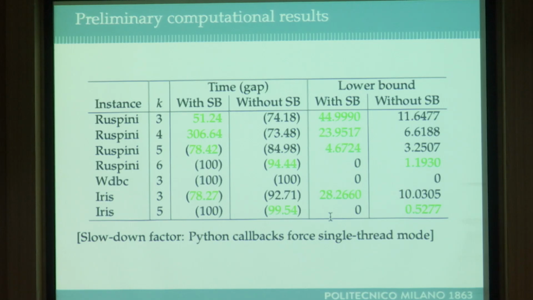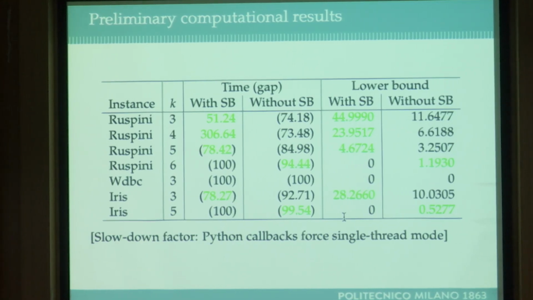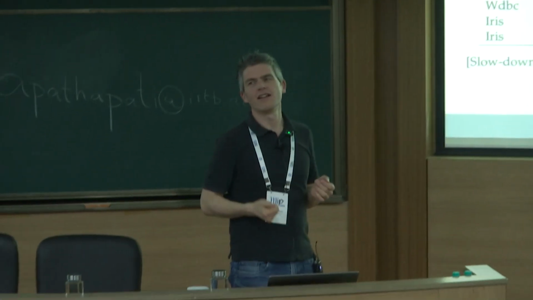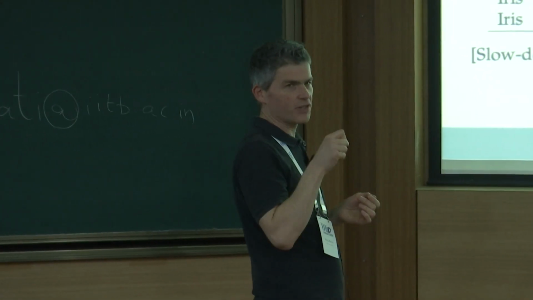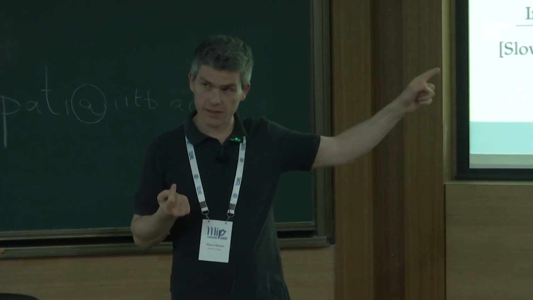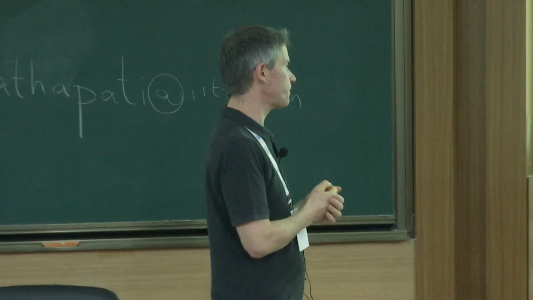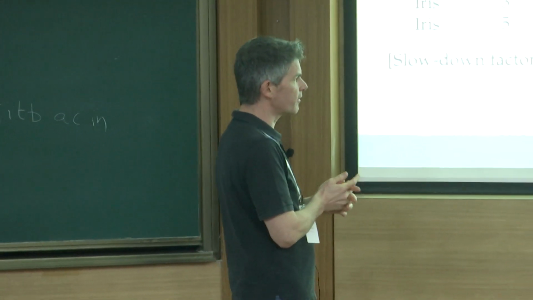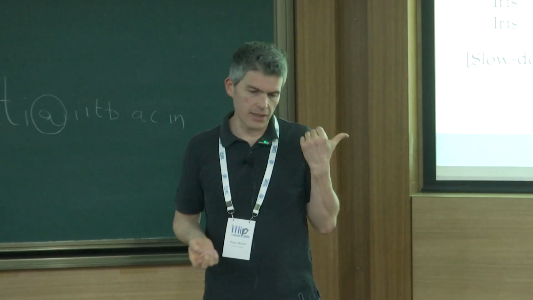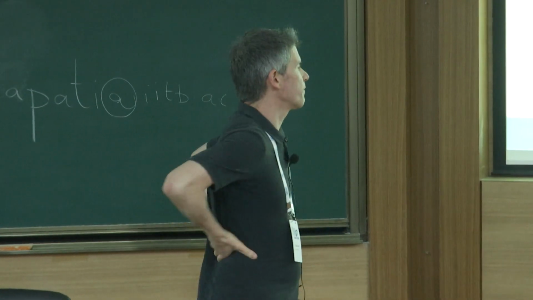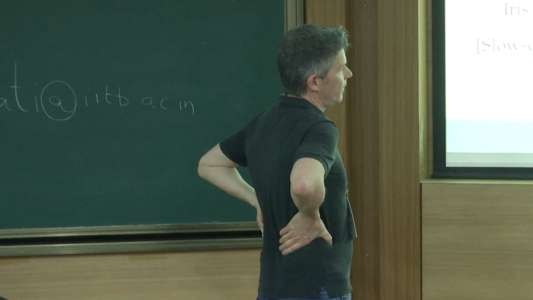The wrong thing about using callbacks in Python is that Python is single-threaded. If you have a parallel branch and bound, basically every time a callback is called, the execution is slowed down to single-threaded, especially if other branch and bound threads somewhere else in your computer need to call the callback. Without even mentioning the fact that these callbacks were implemented very plainly, which means that they might be made a lot more efficient.